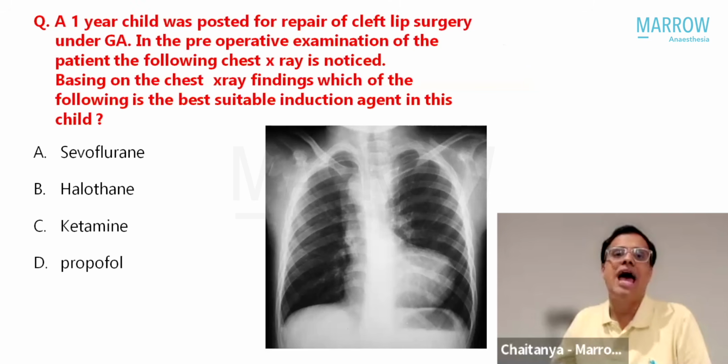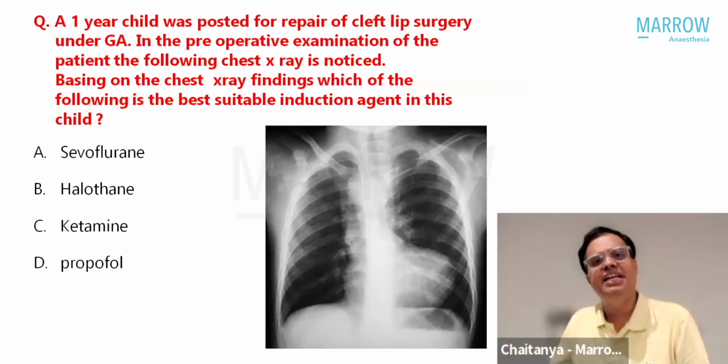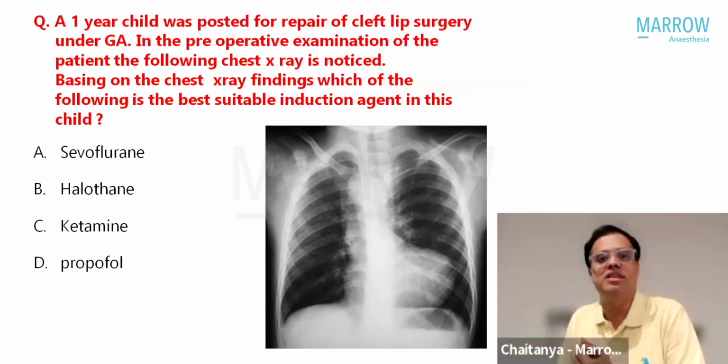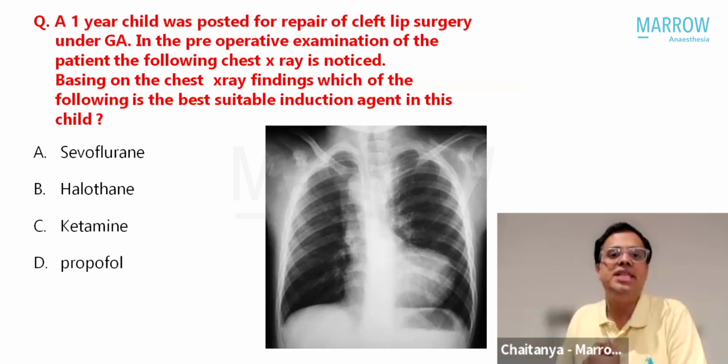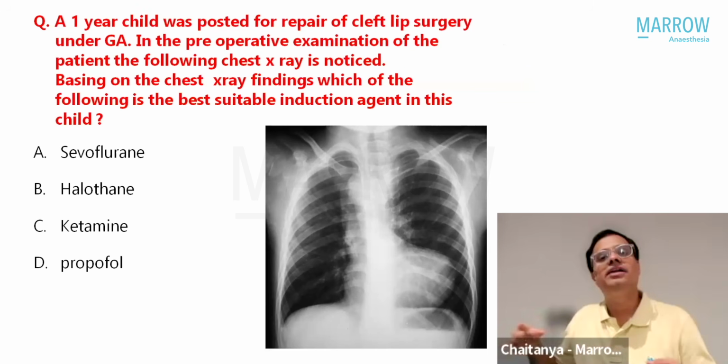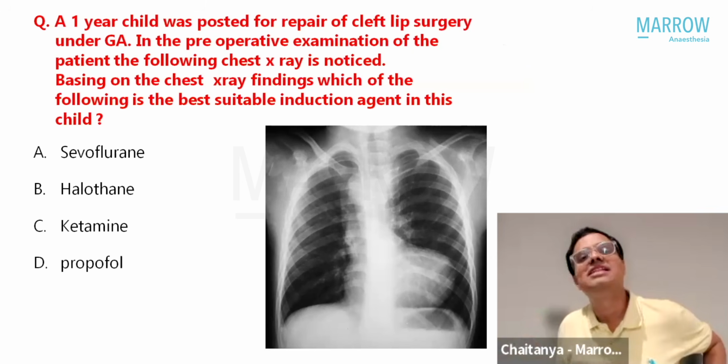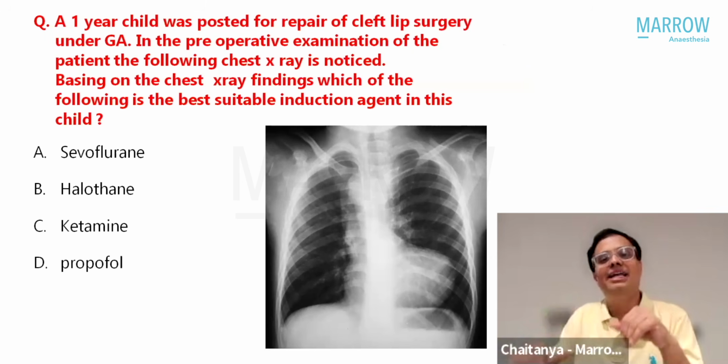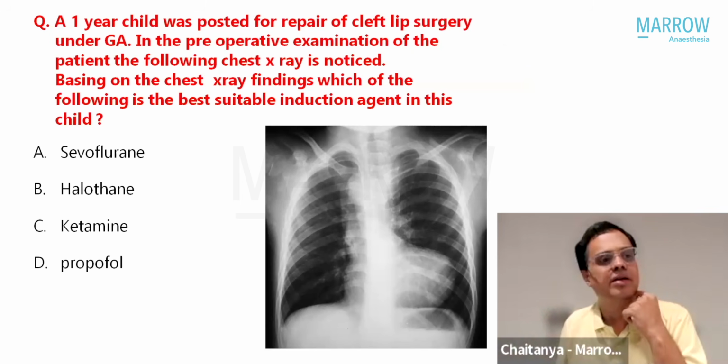They mentioned it clearly. The authors have a personal preference to use halothane over sevoflurane, the reason being halothane's onset is slow. That's the reason why the patient will not go into apnea or something like that.